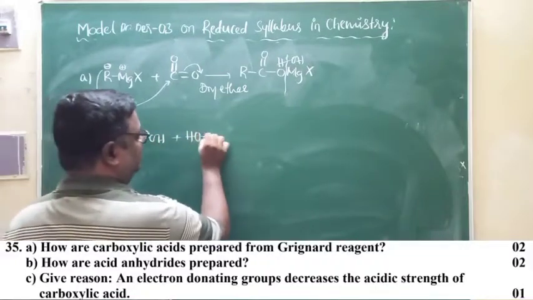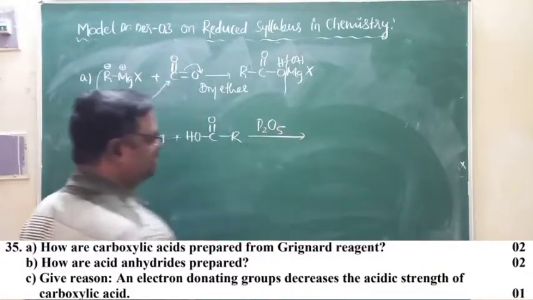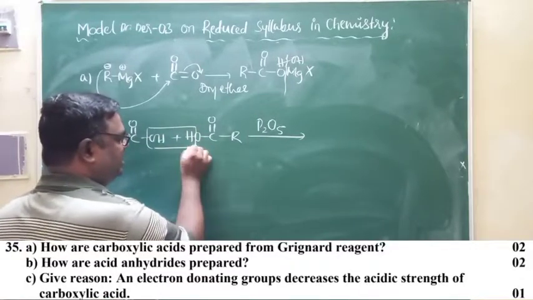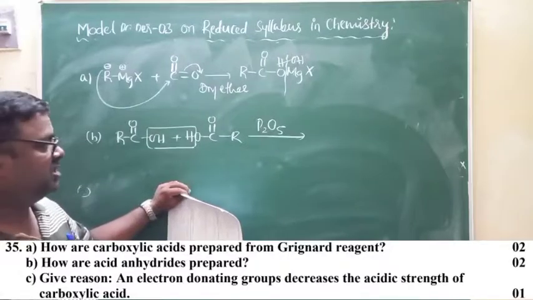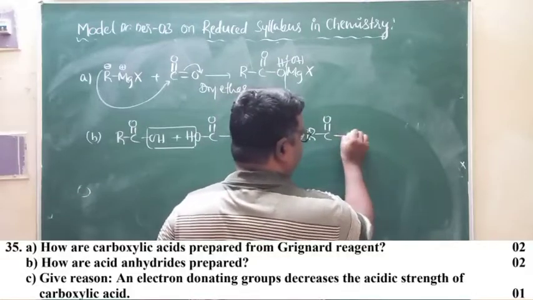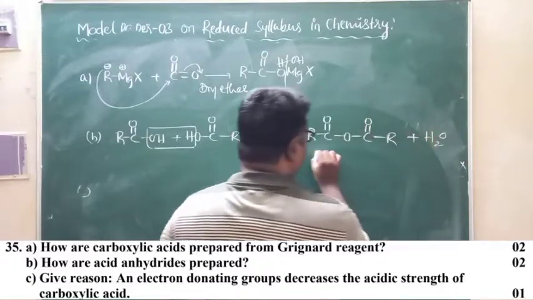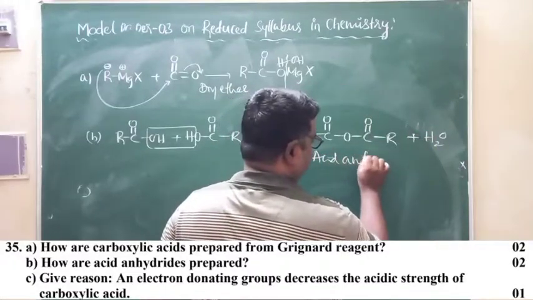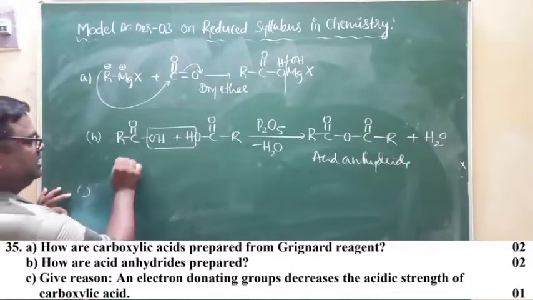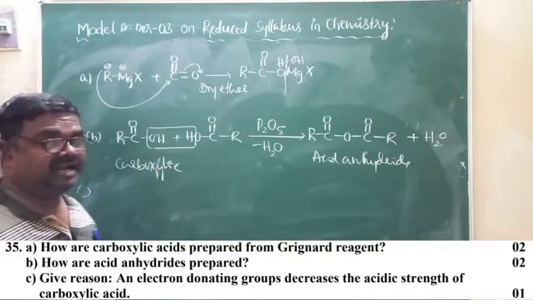When carboxylic acids are heated in the presence of strong dehydrating agents like phosphorus pentoxide or concentrated sulfuric acid, dehydration takes place, removal of water, and that results in the class of organic compounds known as acid anhydrides. This is acid anhydride, this is carboxylic acid. Carboxylic acids can be converted into acid anhydrides by dehydration. Yes.